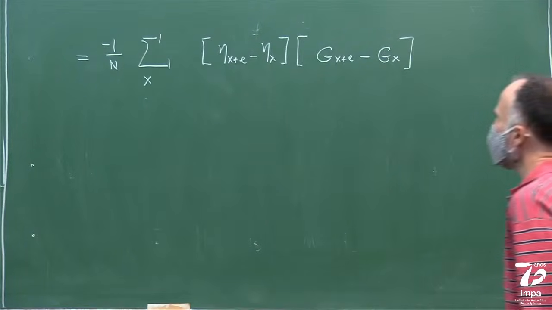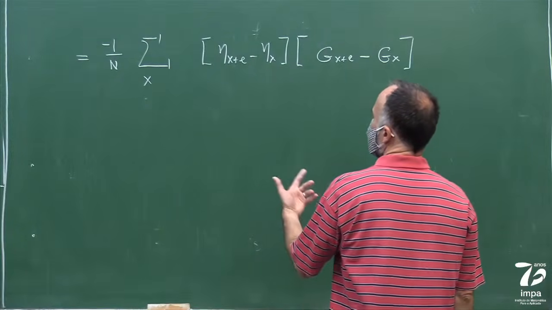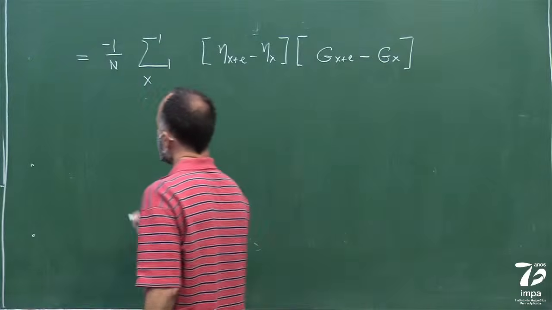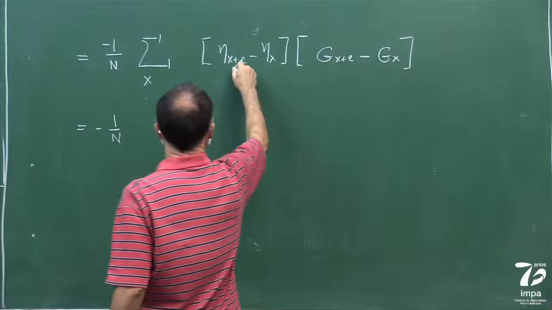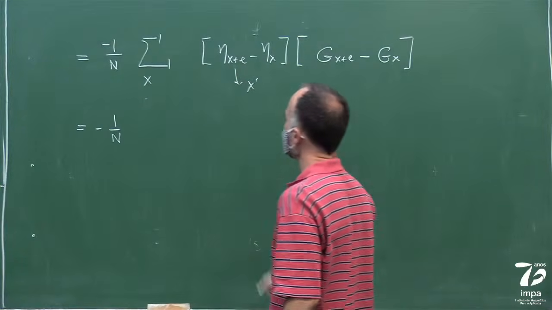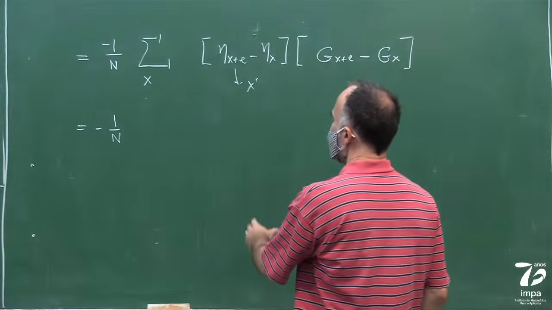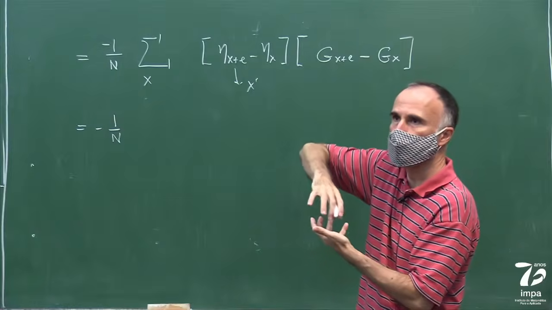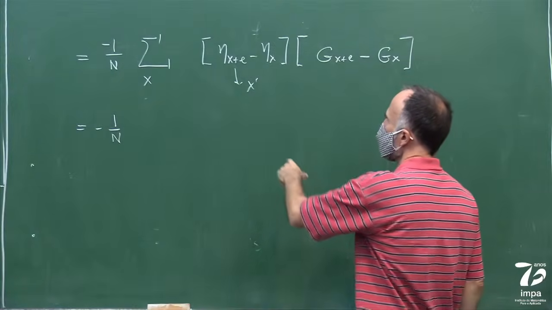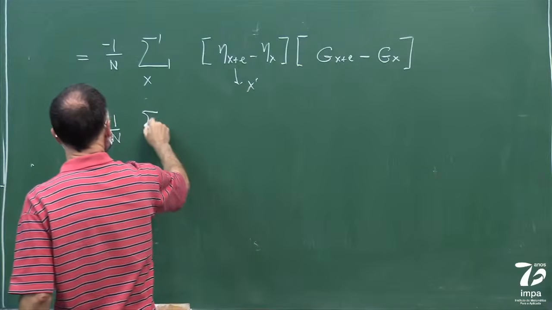And now what I want to do is integrate that by parts. So this one, I will call that x prime. X plus e will be x prime. Since I'm doing a sum over the torus, when you just translate by 1, you don't do anything. So you're still summing over all x.